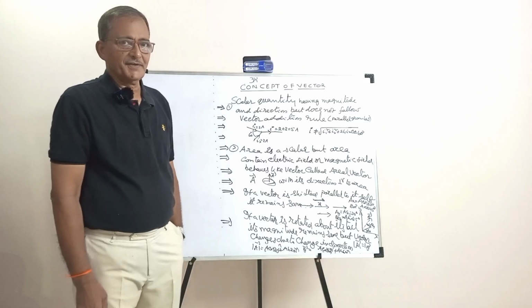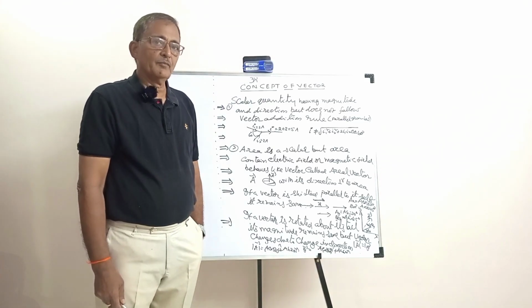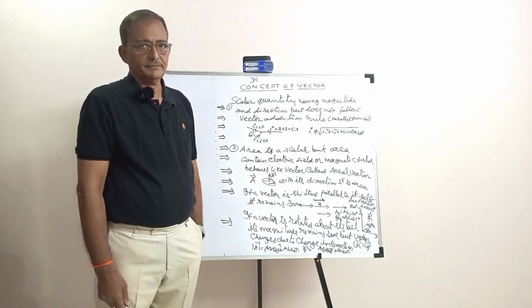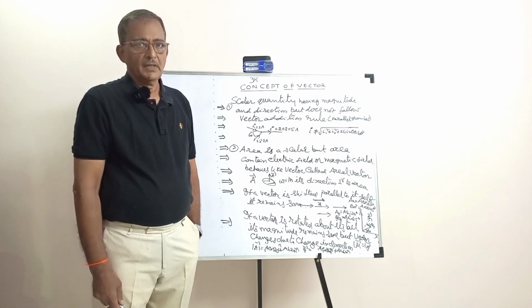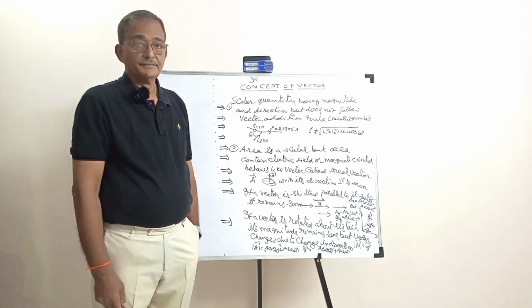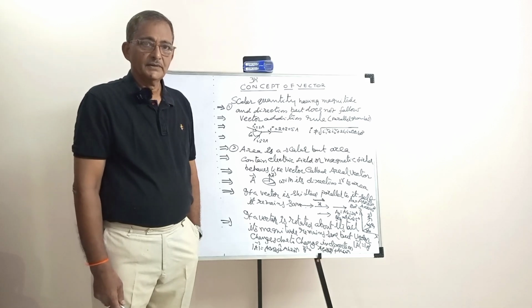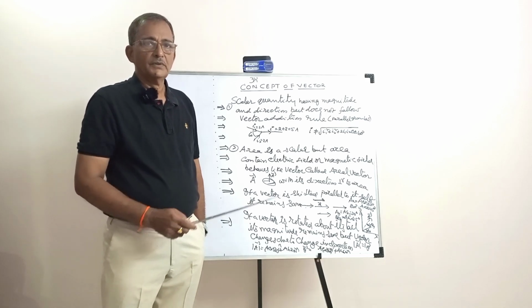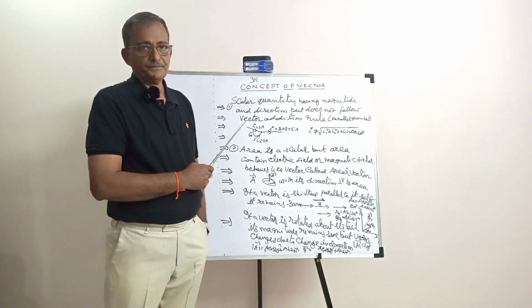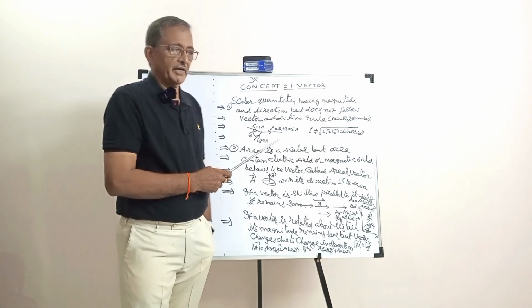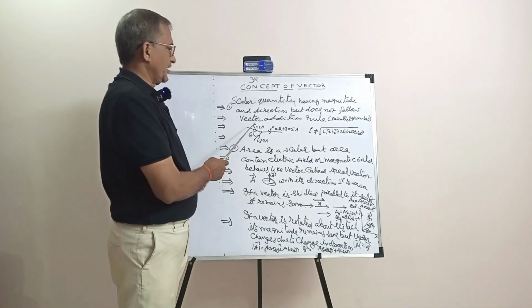Some physical quantities having both magnitude and direction are not vectors, they are scalars because they do not follow the vector addition rule. For example, take the strength of electric current.